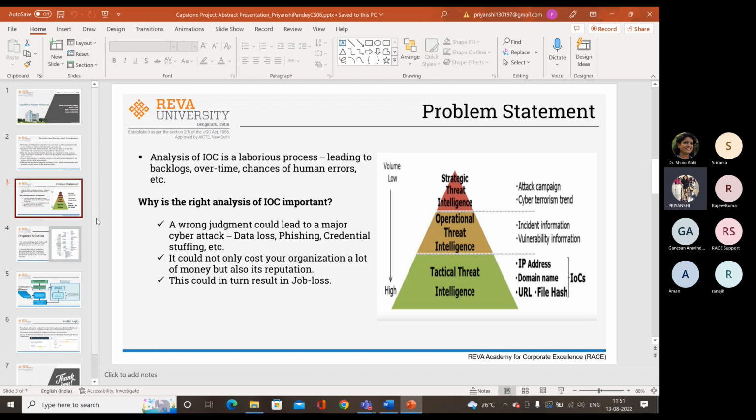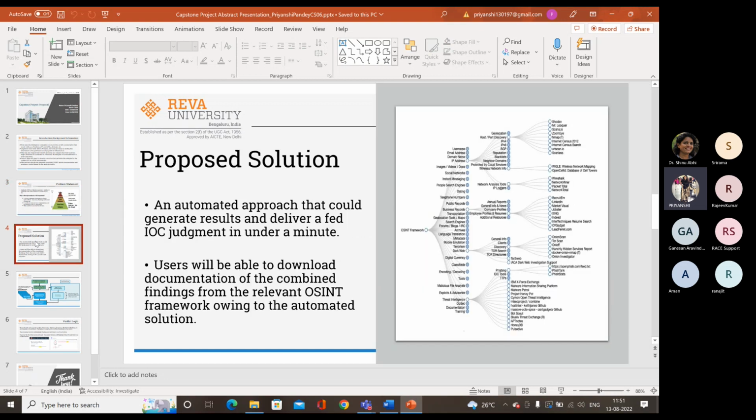So that is the whole idea: to have an automated solution that picks out all the results from all the IOC judgment under a minute, and gives you the ability to download that document, upload it, close your ticket, and give a verdict of whether it is true positive or false positive.